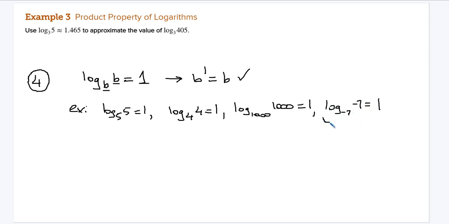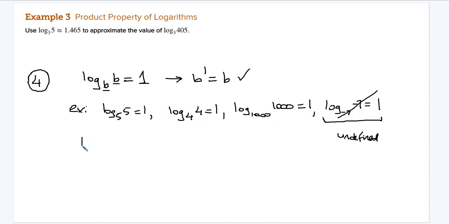Even though this looks mathematically correct, remember the definition, this is undefined. It was just an example to see if you are paying attention or not. It doesn't make sense in log, because -7 is not good. It has to be positive numbers, remember. But the idea is that if you have the base and the standard number same, that will be equal to 1. That's what you need to know.